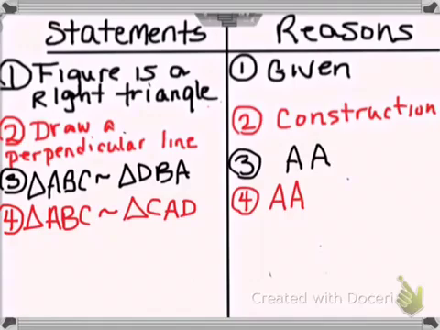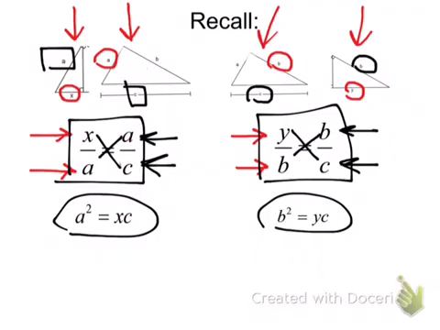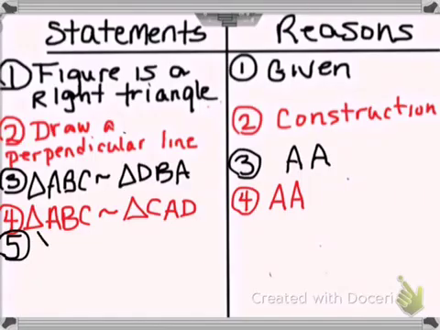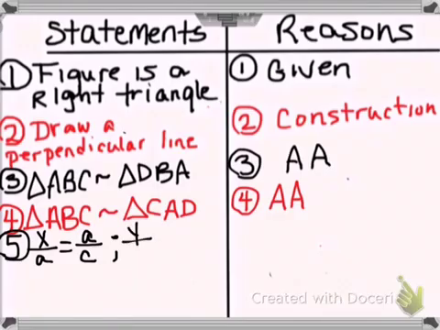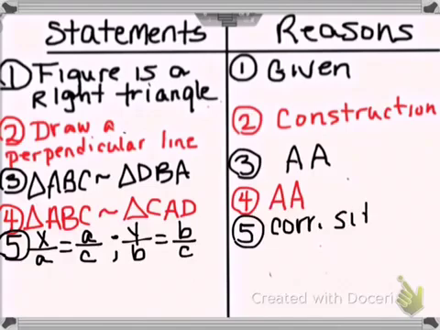I would say statement 5, which I wrote down, X over A equals A over C. And on the other one, comparing, I said Y over B equals B over C. And I know that's true because they are proportional sides in similar triangles, so that would be my reason: corresponding sides are proportional.